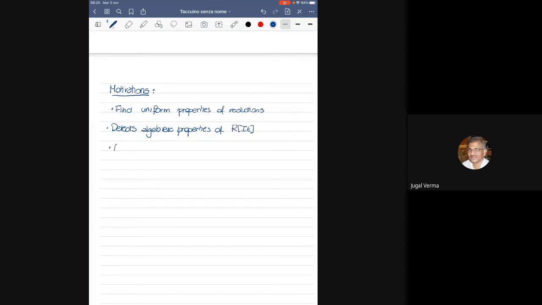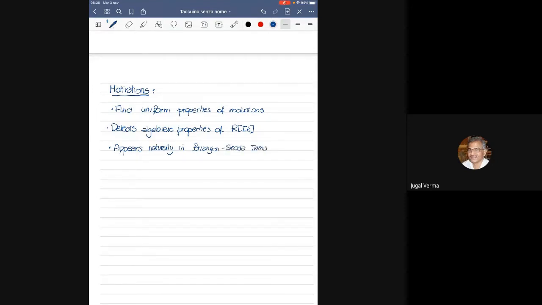And then it appears naturally in Briançon-Skoda theorems.